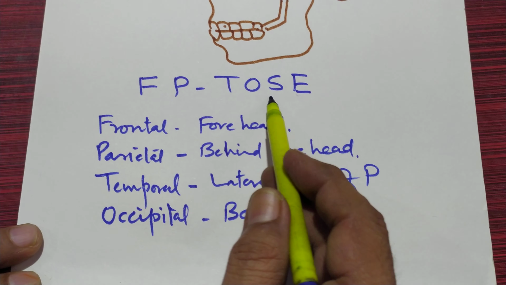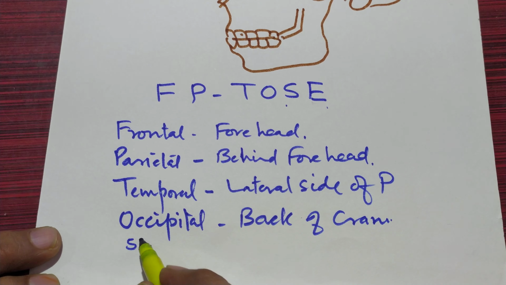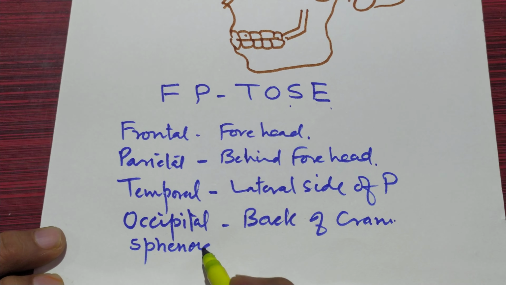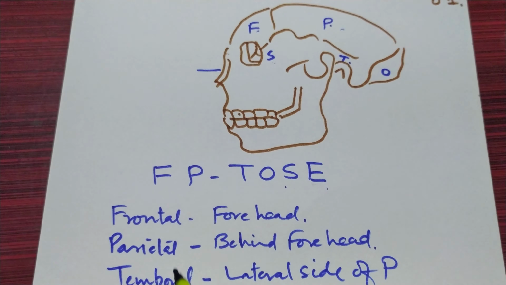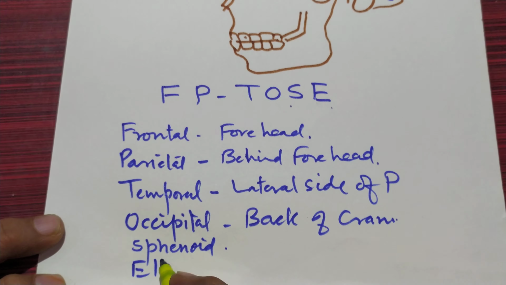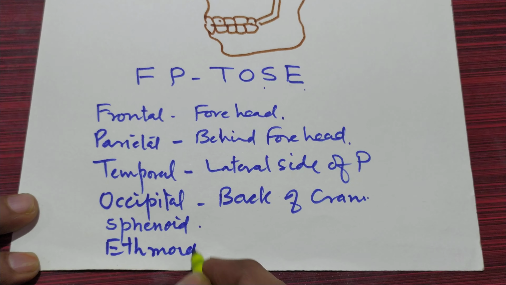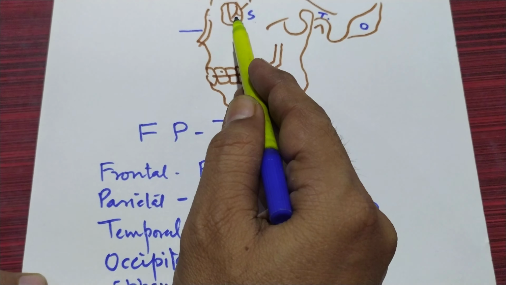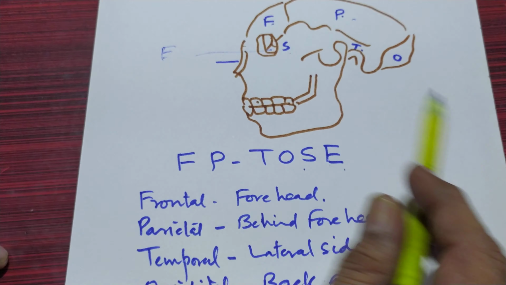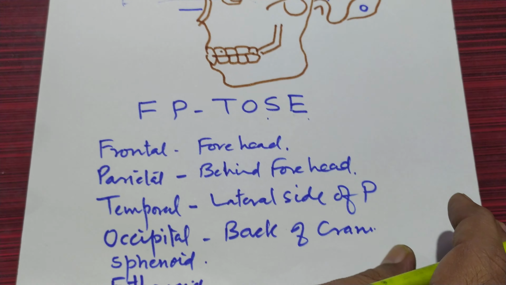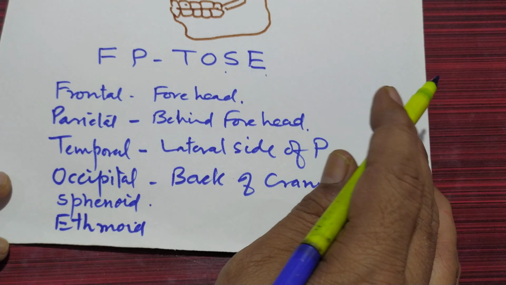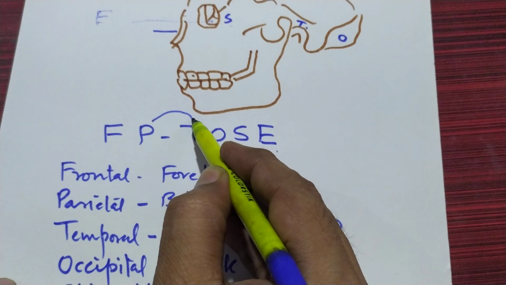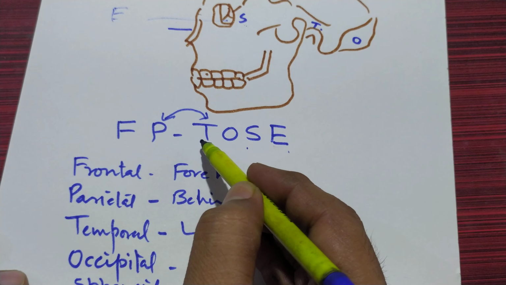And S and E. S stands for sphenoid. Here is the sphenoid bone. And E for ethmoid. Ethmoid is this bone. So these are the 8 bones of the cranium.